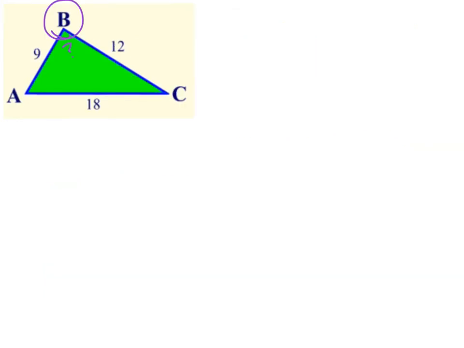In this next example, I have three side lengths, and I'm going to be solving for angle B. And I know I've got to use law of cosines because I have three sides, one angle.